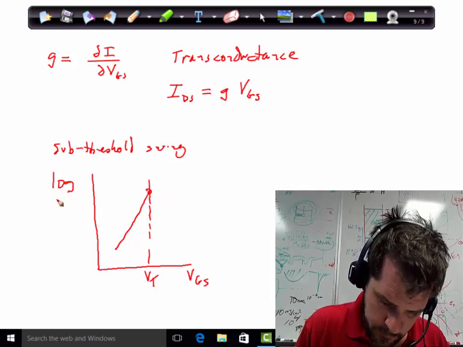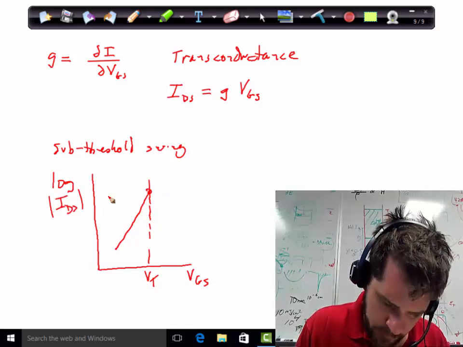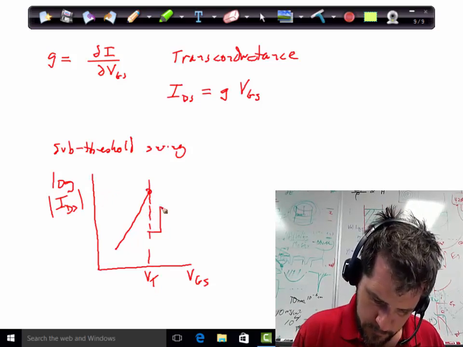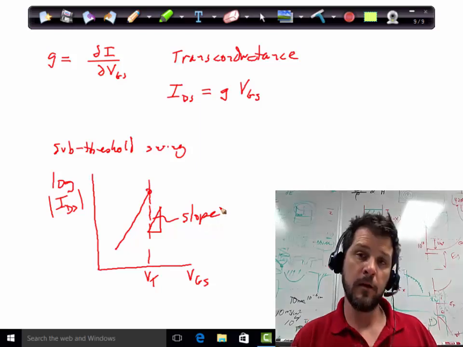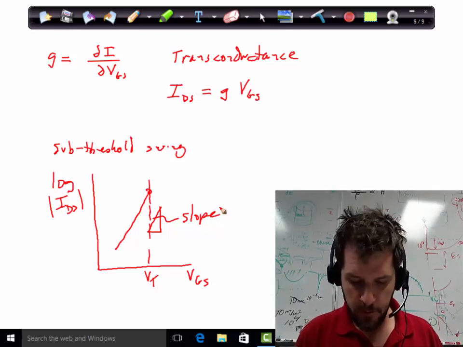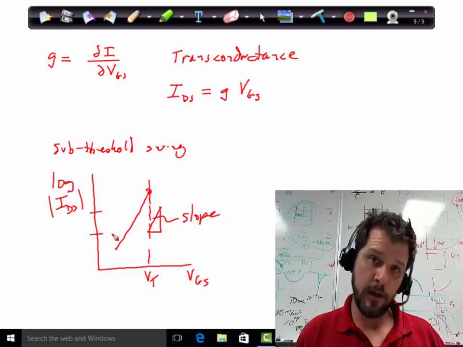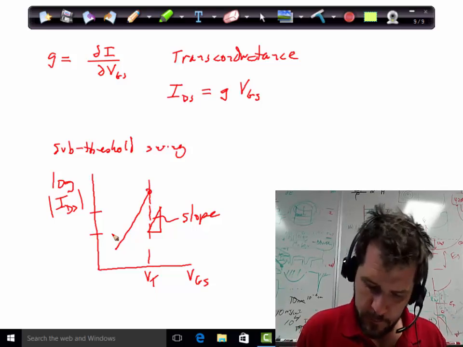So on this plot, the slope, we want the slope to be as large as possible, meaning that we can change the current by 1 decade with the smallest possible voltage.